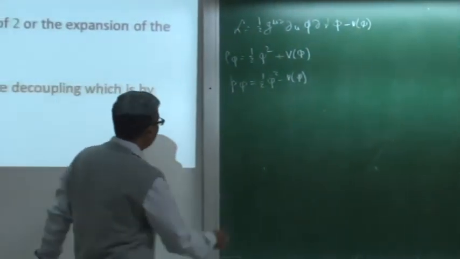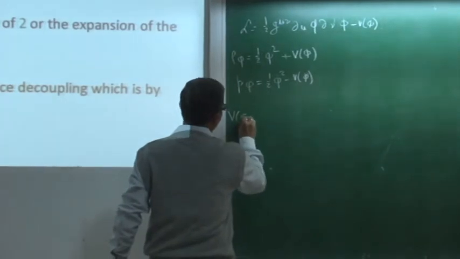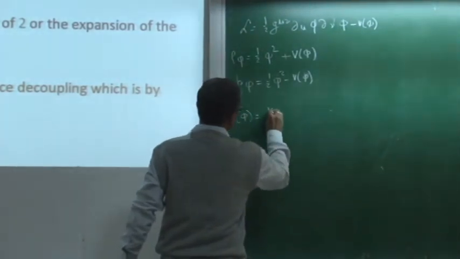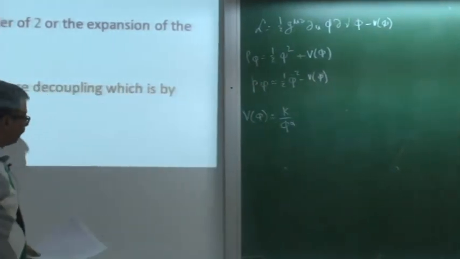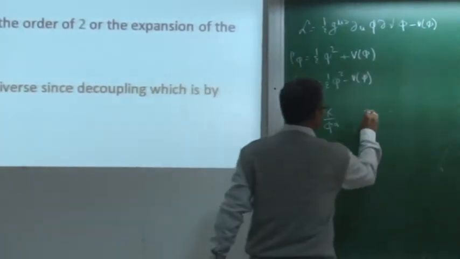So let's assume that you have a potential V which is k by phi to the power alpha, and alpha is greater than 0.